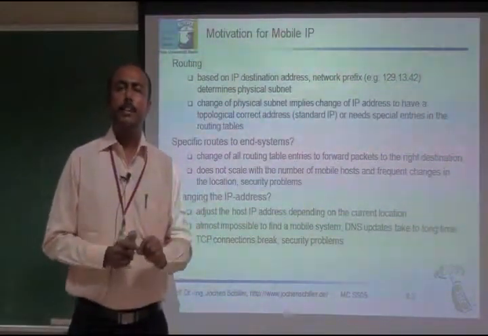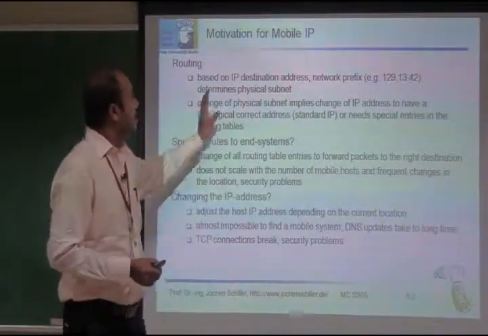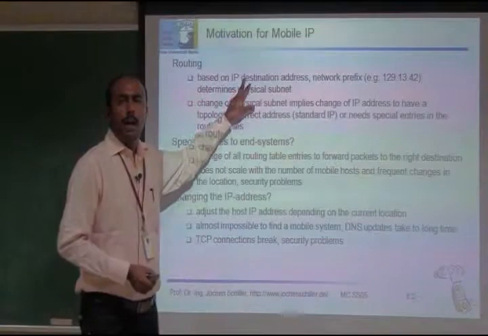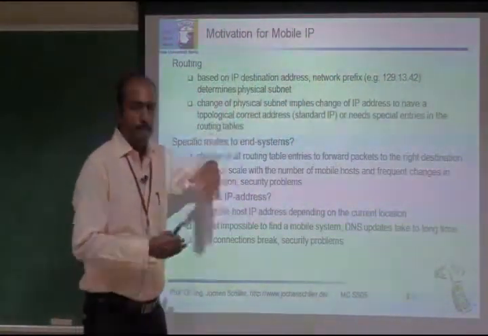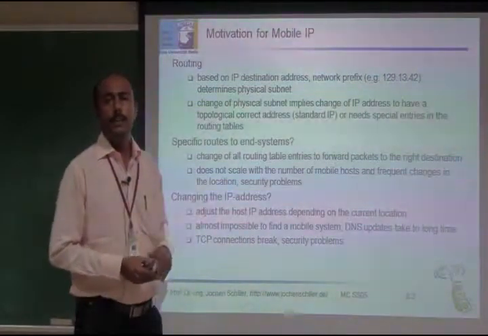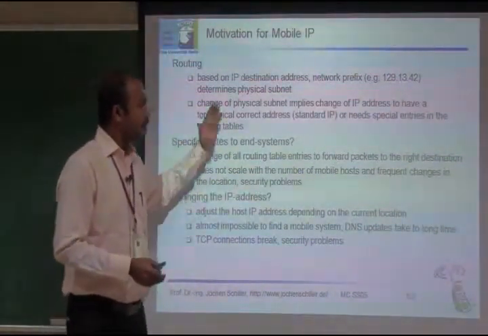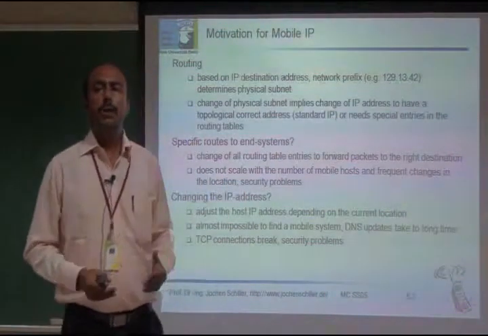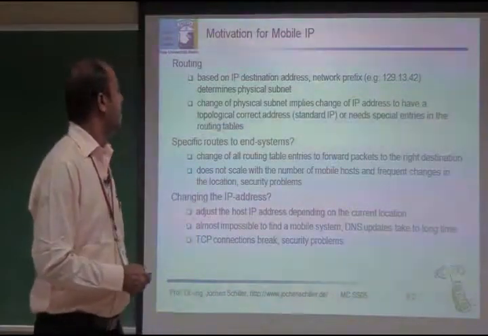So mobile IP also uses the IP destination address and network prefix, that is the network address, to transmit the data to the receiver. This is how mobile IP transmits the data when the mobile nodes are moving very frequently.